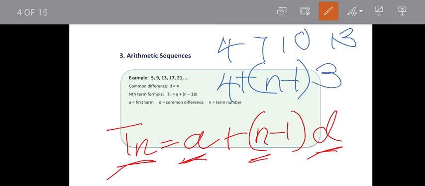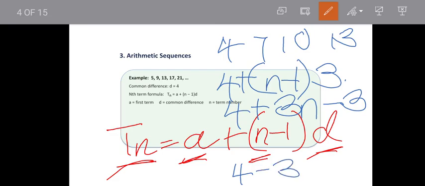So now we've got 4 plus bracket n minus 1 times 3. So what you're now going to do is multiply the bracket by 3. So 3 times n, that is 3n. 3 times negative 1, that is negative 3. Then now we are going to collect the like terms. So 4 minus 3 plus 3n. If you say 4 minus 3, you get 1.